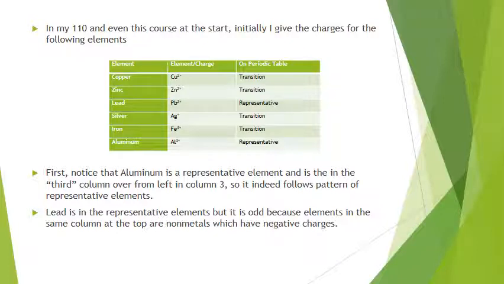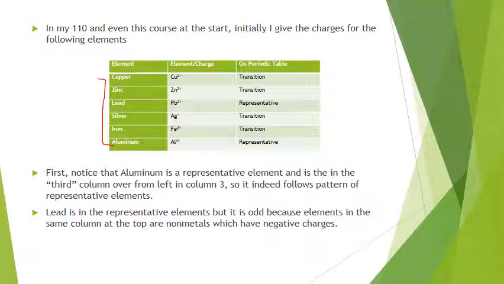In my 110 class and the beginning of this course, I told you guys you had to know these right here: copper 2 plus, zinc 2 plus, lead 2 plus, silver, iron, and aluminum. These are the charges they have.